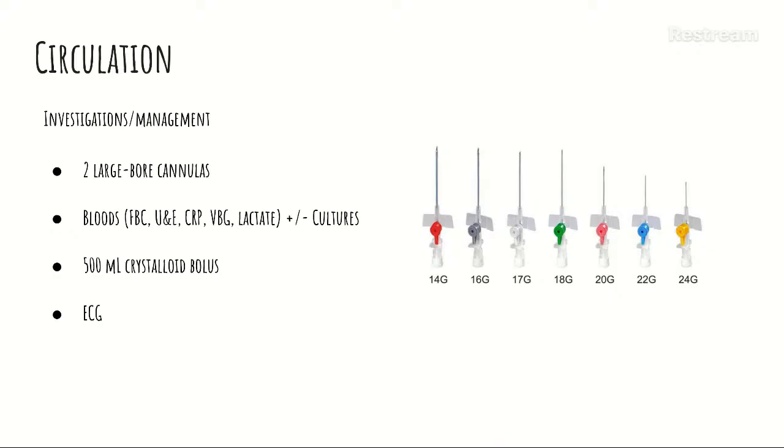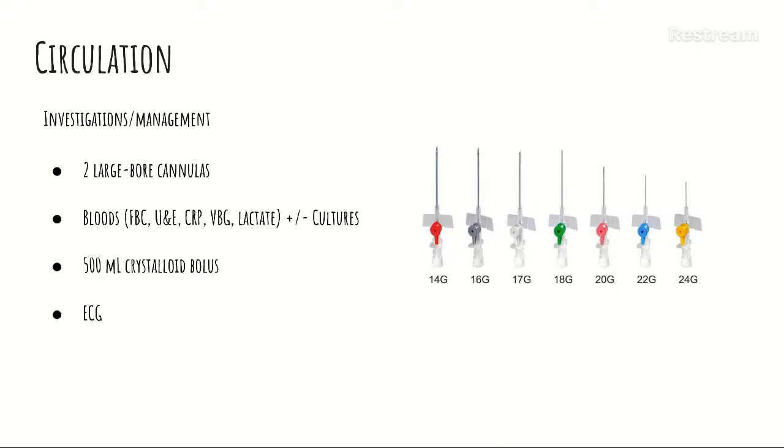The smaller the gauge of the cannula, the larger the lumen of the actual cannula, so essentially the more fluid you can get to the patient in a shorter amount of time. Usually, you can try and get a grey cannula, or just say in the exam, try and get 2 cannulas as large as possible.